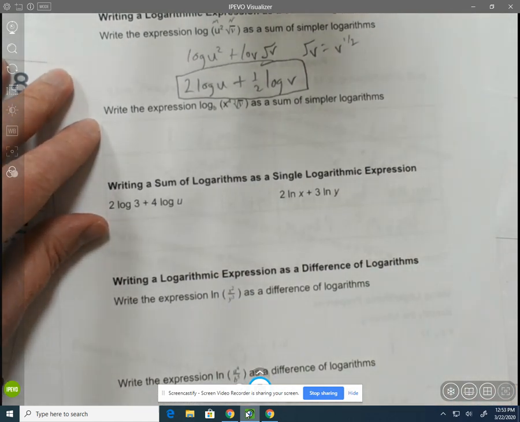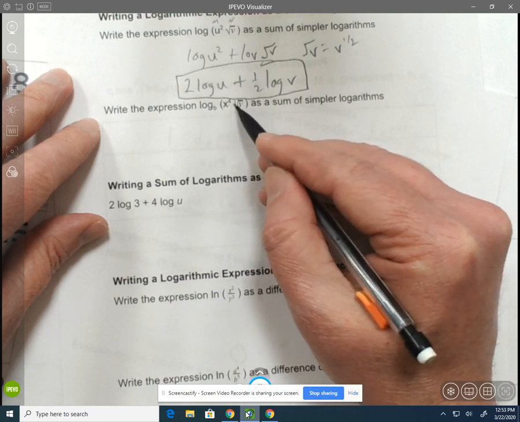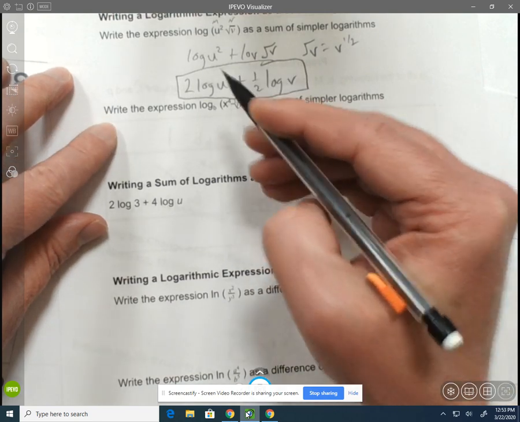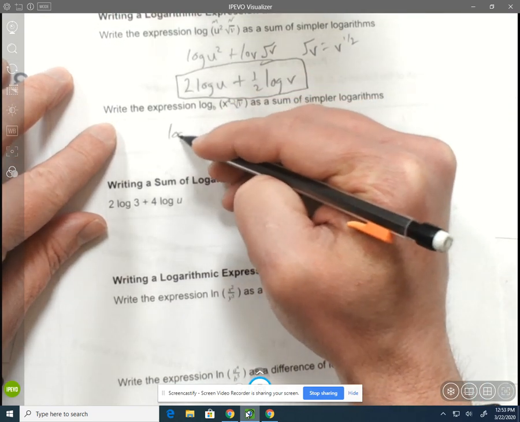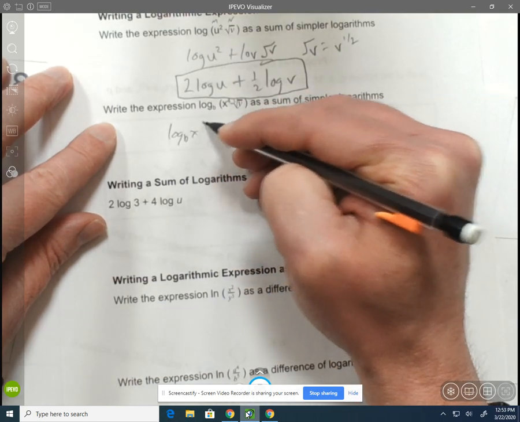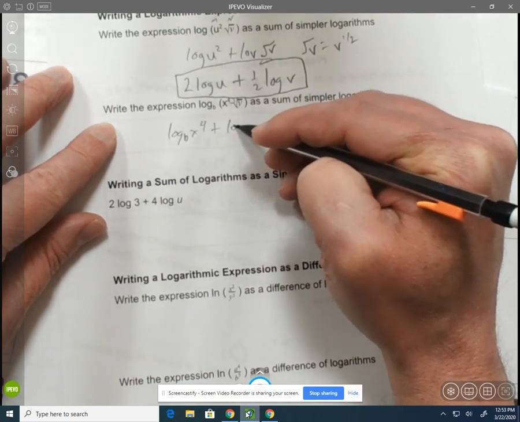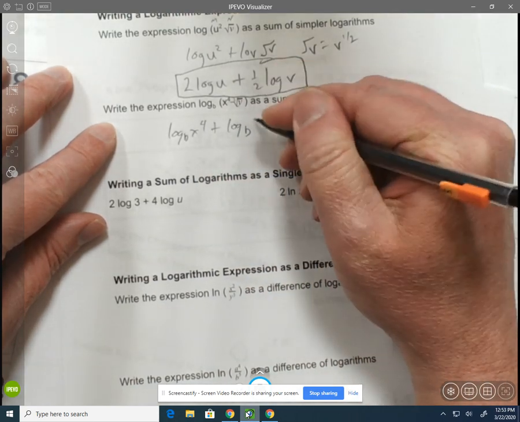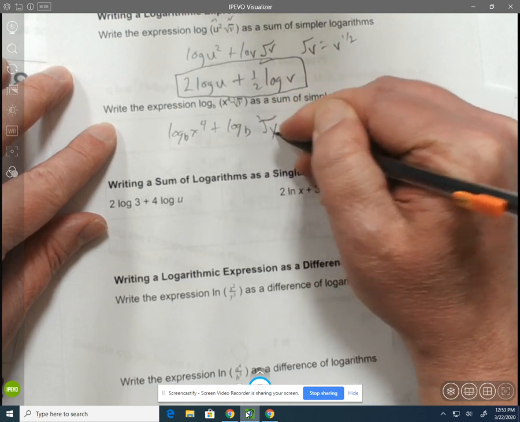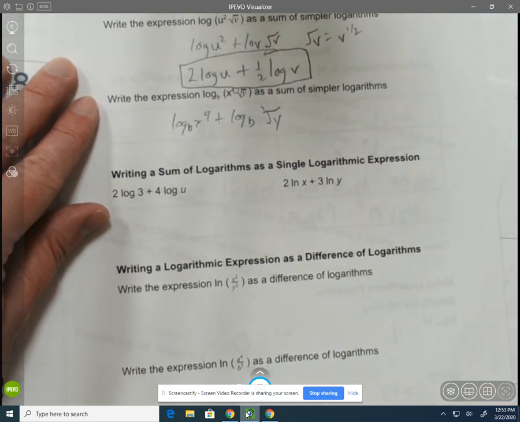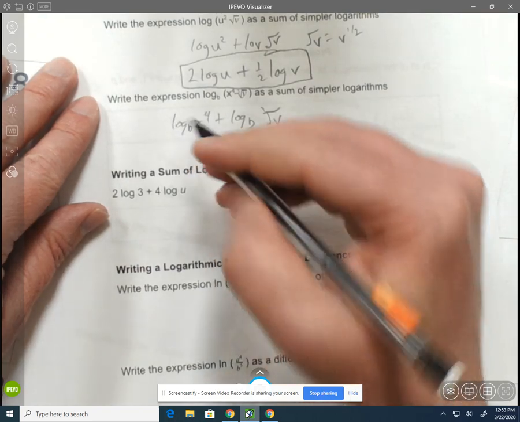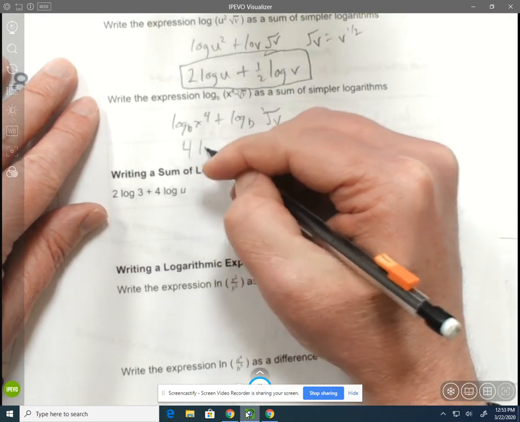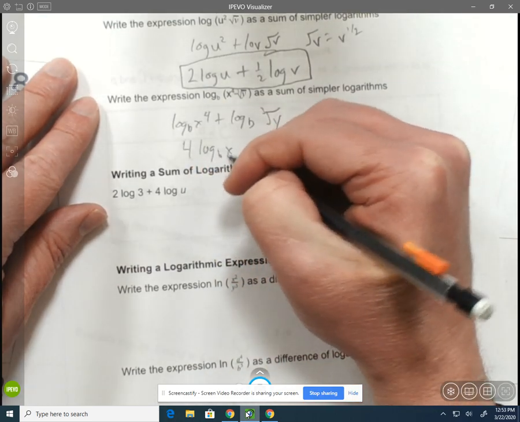Similar thing here. First I'm starting with a product, so I can write that as log base b of x to the 4th plus log base b of the cube root of y. And now that exponent I can bring down in front, so it's 4 times the log base b of x.